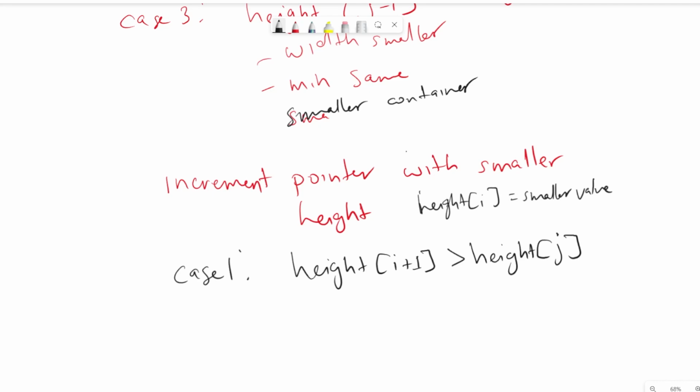And since it's at least 1 bigger than the previous minimum, and we've decreased the width by at least 1, this height will be at least 1 greater than our previous minimum, and since we decreased our width, we will get a bigger container.